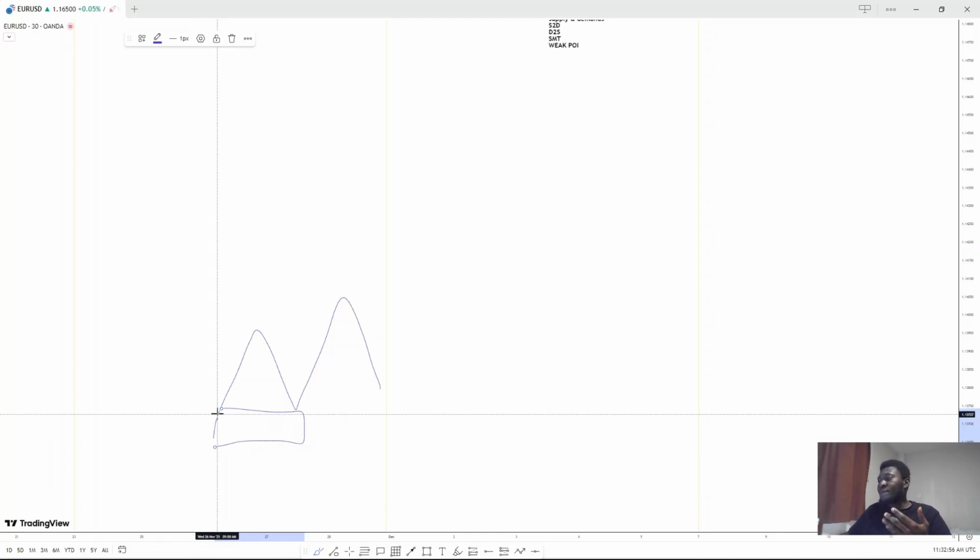So that area where suppliers are saturated, that is your demand zone. Do you guys get it? The point where supply is saturated, that is your demand zone. And so on the screen, this demand zone here is the point where suppliers were saturated.